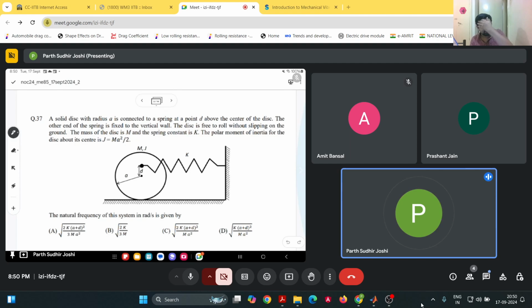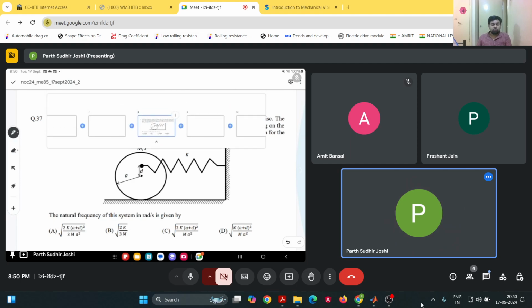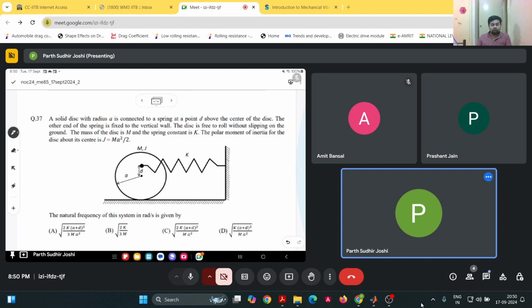This is related to finding the natural frequency of this system. Because it is rolling without slipping, let's draw the free body diagram of this. There is this disk which is rolling without slipping.